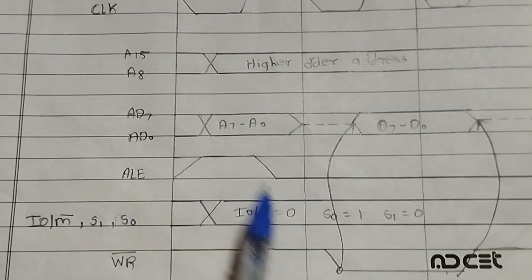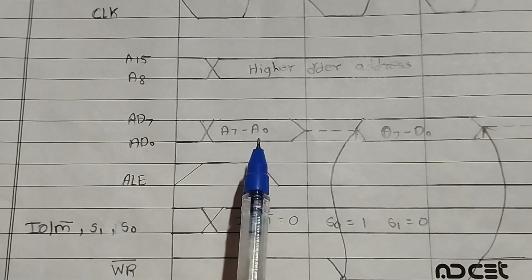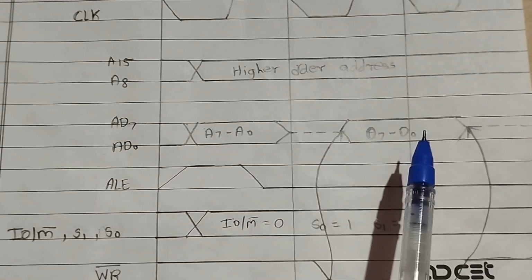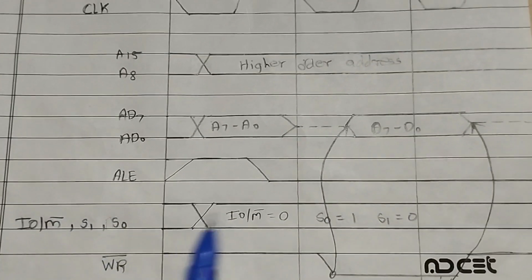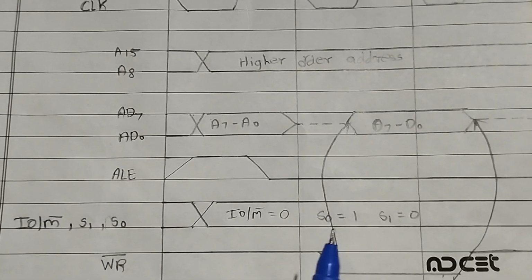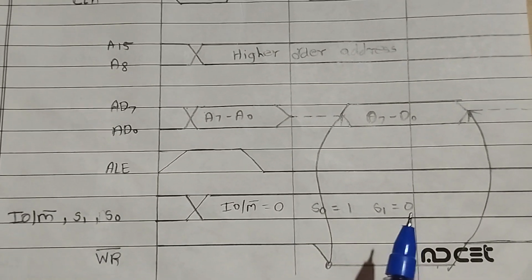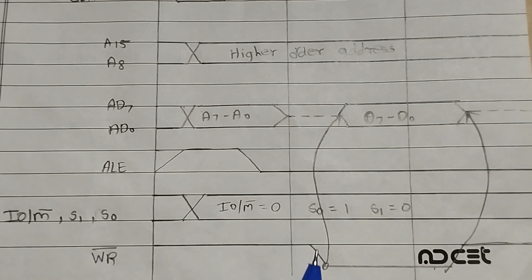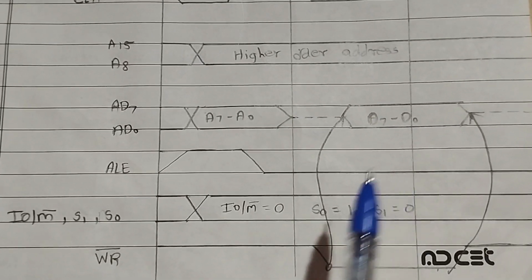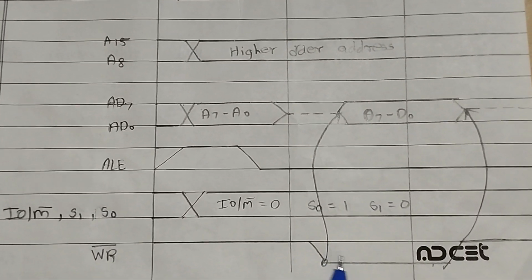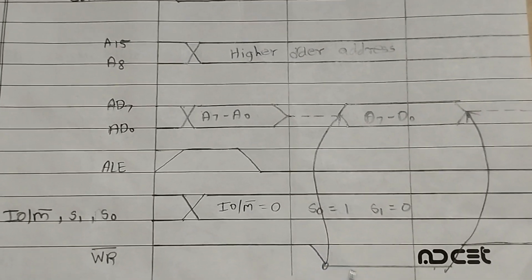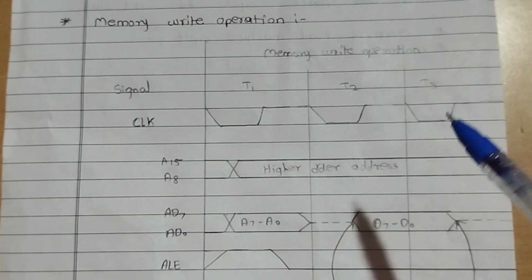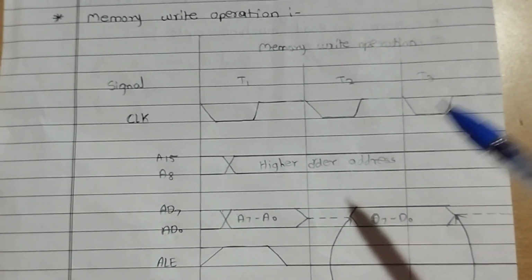When ALE is high, we store the address, and when ALE goes low, we store the data. For that, IO/M bar is equal to 0, S0 is equal to 1 and S1 is equal to 0. The write operation happens when the data is written in the machine cycle. Only at that time does write bar go low, otherwise it is high. I hope you get the idea about the write machine cycle also.